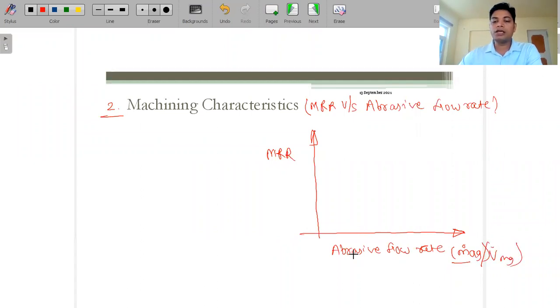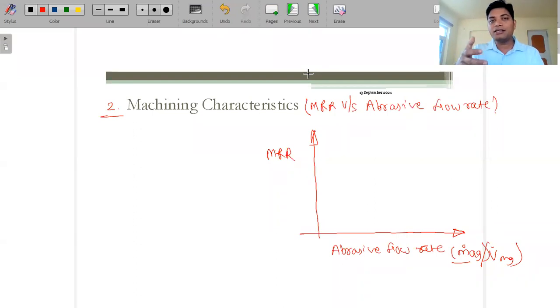If we are increasing the volume flow rate of the abrasive particles, then the same thing: it will not be a bombarding, it will be just a shower. If we are using a single abrasive particle, then the velocity maintained by the gas will increase the velocity or the kinetic energy of the abrasive particle.